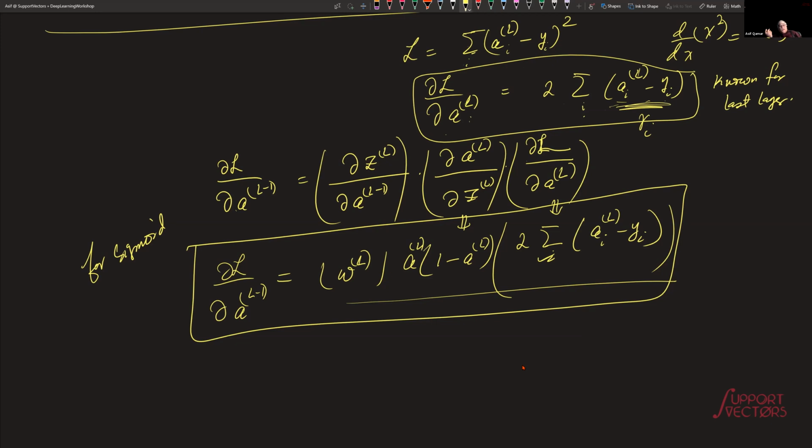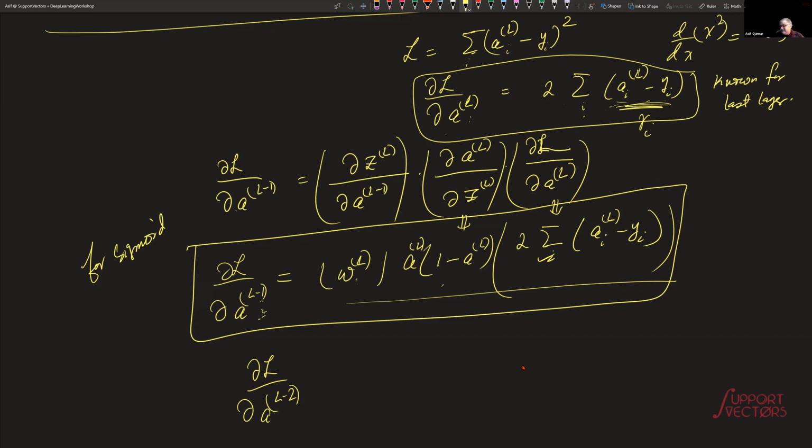Yes. It's easy. And so therefore, can you compute delta L by delta A of L minus 2? You realize that once again you can do it simply by going one step back. Once again, you'll have the weight of the L minus 1 layer and the activation of the L minus 1 layer, which you just calculated.